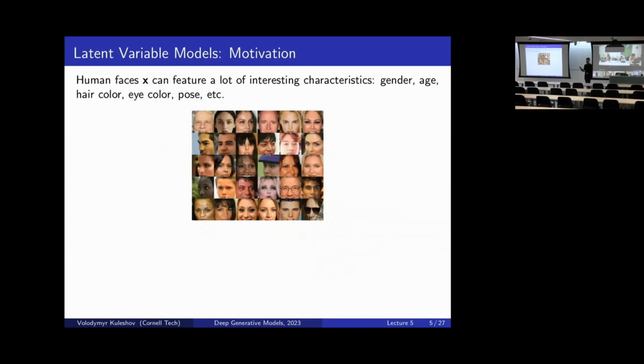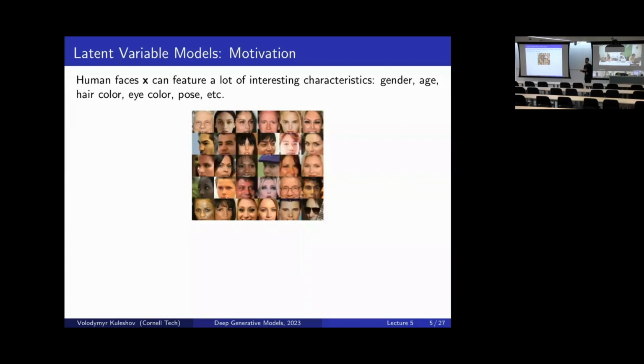And of course, the motivating task here is representation learning. So we should talk a little bit about what representation learning is. As an example, imagine a data set like this one that we would like to model and that we would like to do representation learning on. Clearly, there's a lot of patterns. This is a data set of human faces, and there's a lot of structure in this data.